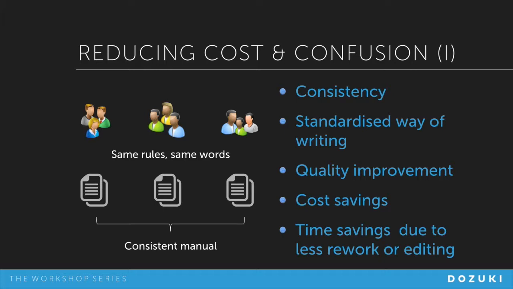Although it's not going to completely eliminate the differences between their writing styles and characteristics, it is going to go a long way towards standardizing and making sure that we can put those different parts of the documentation together to get a consistent manual without the need for rework or editing.